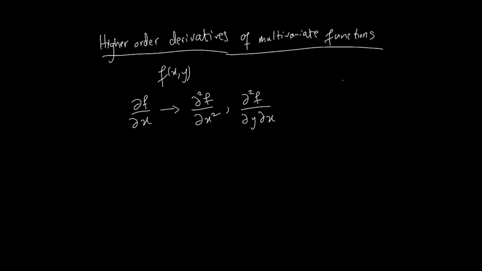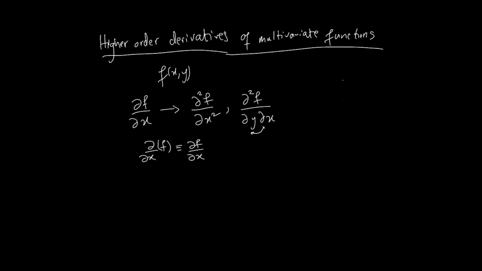You'll notice the order of these two here. You need to think of partial by partial x as an operator, and what it's doing is operating on f. So it comes and attacks this f, and this gives you partial f by partial x.